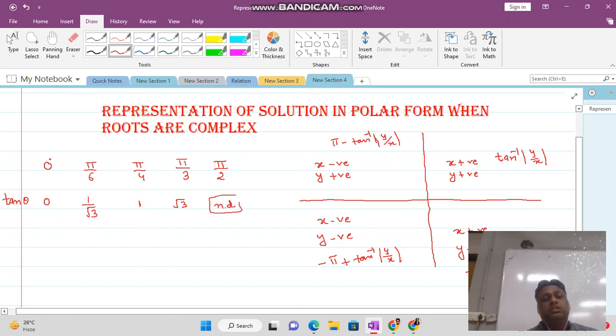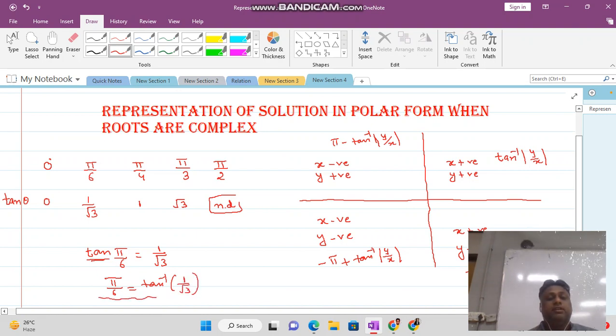Now suppose tangent of pi by 6 has the value 1 by under root 3. If you bring this function to the other side, you get tangent inverse 1 by under root 3 equal to pi by 6.